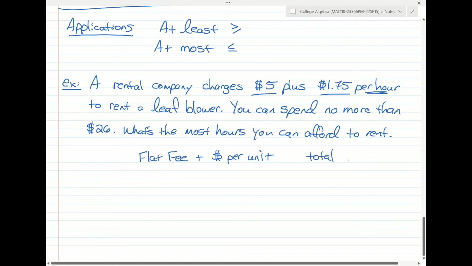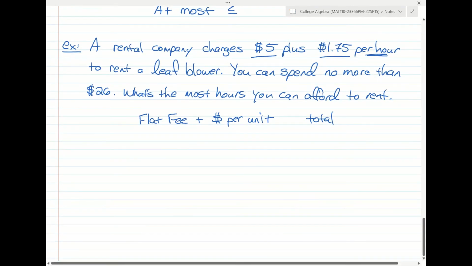Generally how we structure things. We'll see problems with, say, a cell phone bill. You have to pay $80 a month plus whatever for data, per 1 gig of data, something like that. And in this case, we are being charged $5 as our flat fee, plus 1.75 per hour.